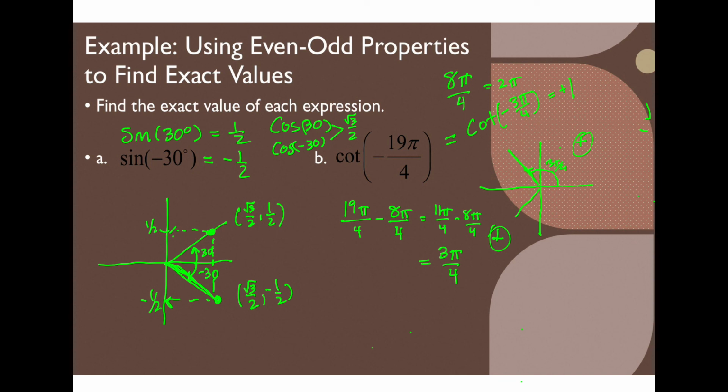And in this particular case, cotangent would be negative. So my answer would be negative 1, where here it's positive 1. So we're getting the opposite of what we would have got. We take the negative of negative 1, which is positive 1, the opposite. And that's why we consider cotangent an odd function. We get the opposite of what we would get had we done it in the other direction.